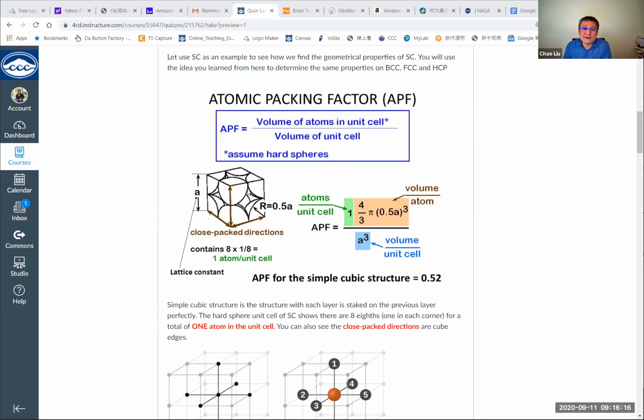When we say the most dense plane, we mean how many atoms project onto this square. I'm just using this plane as an example here. Let me use the annotation. If I just use this plane as an example, this is a quarter of an atom.